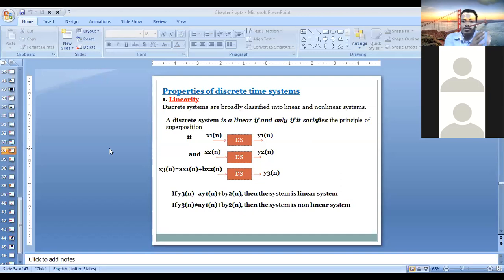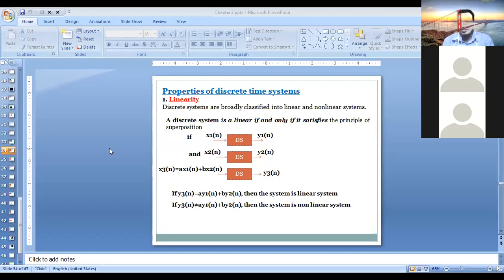Because the type of process, the type of mathematical modeling we use for linear systems is totally different from nonlinear systems. We can apply convolution for linear systems. We cannot apply convolution for nonlinear systems. We can apply differential equation analysis for linear systems.